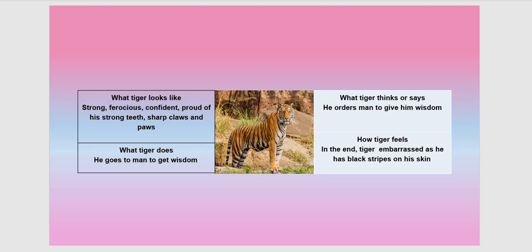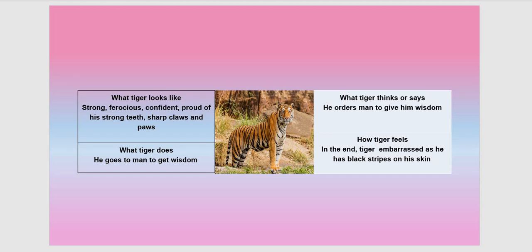I have just given you an example. You can modify it or rephrase it. It has to be in words and short sentences, not something very long. So what tiger looks like? He's strong, ferocious, confident, proud of the strong teeth, sharp claws and paws. What tiger does? He goes to man to get wisdom.